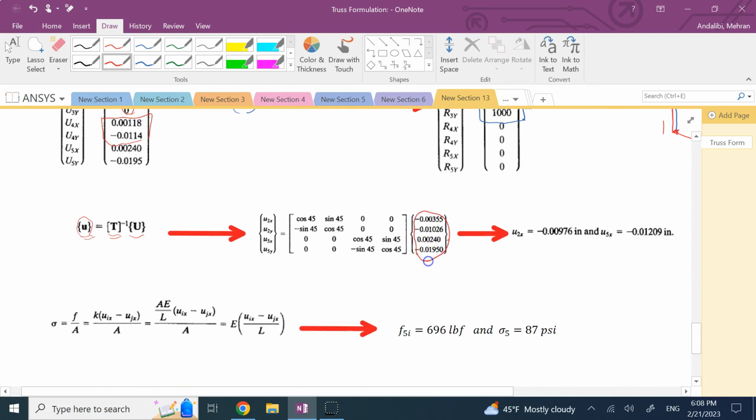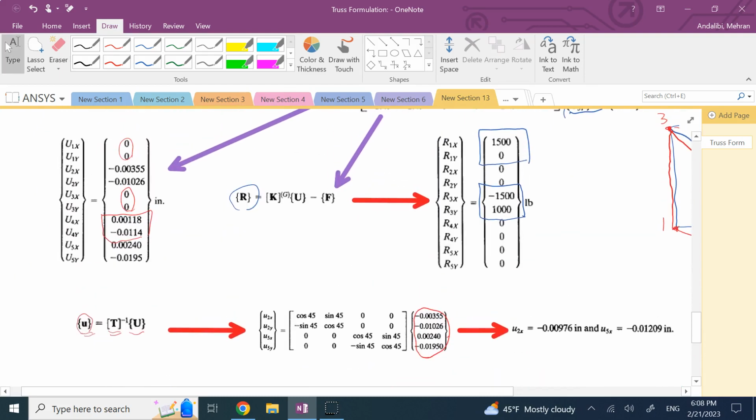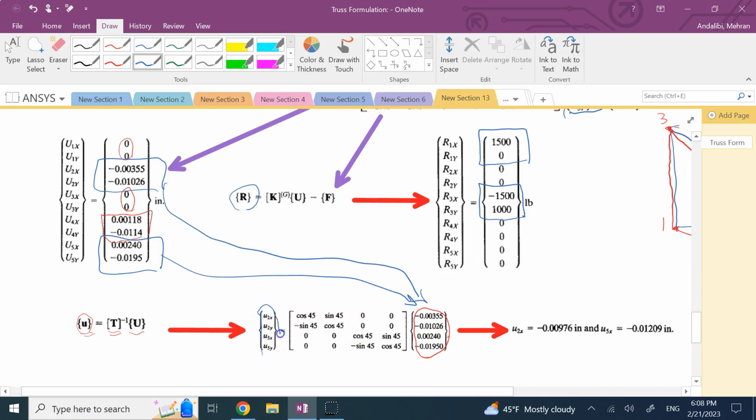which you can see are these numbers, coming from these two and these two. They are coming here. I multiply by the T inverse for that member. Remember, the angle of that member was 45 degrees. So this is T inverse with 45 degrees, and I get the small u's.